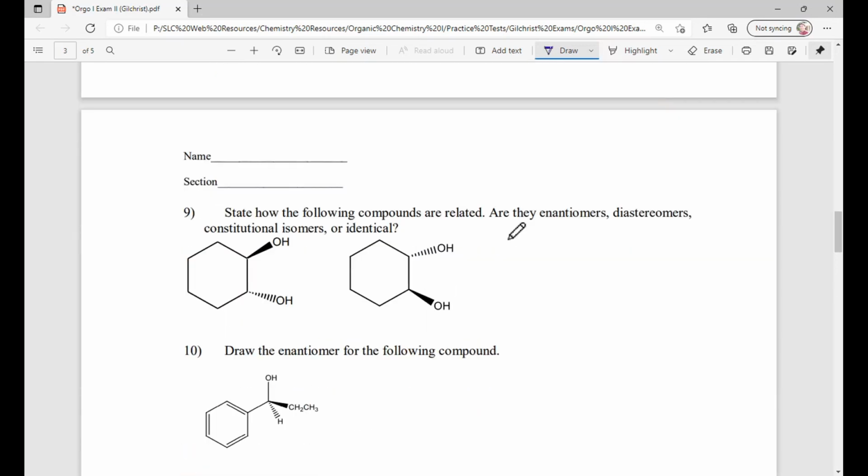Now, what about these two? How are these related? This is a little bit more tricky.